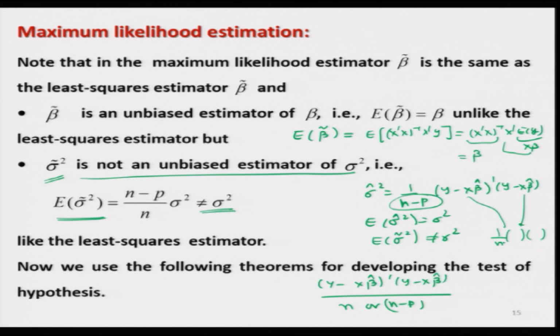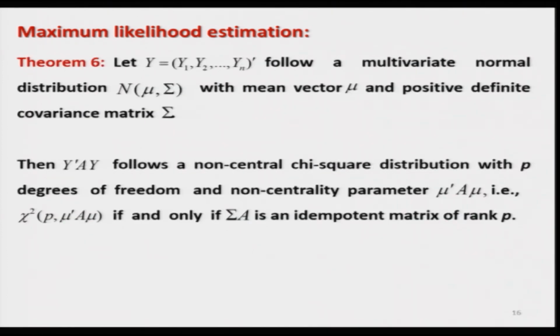Obviously, n is greater than n minus p, so dividing this quantity by n is going to give you a smaller variance, right. So, the issue is that the MLE gives us lower variance but is biased, and the least square estimator of sigma square gives us an unbiased estimator, but it has a higher variance than the MLE, right.